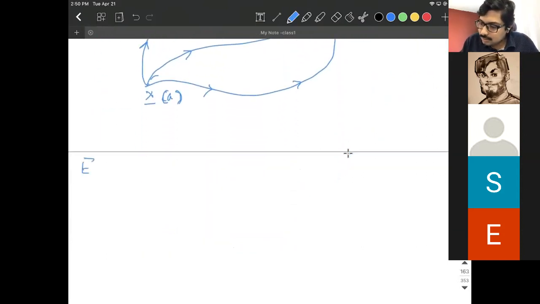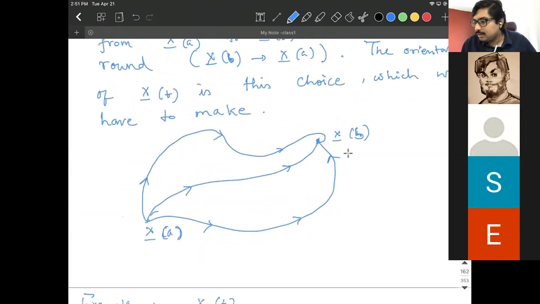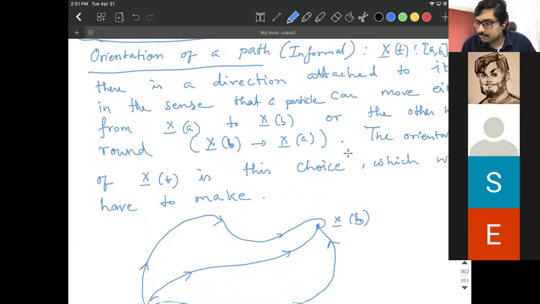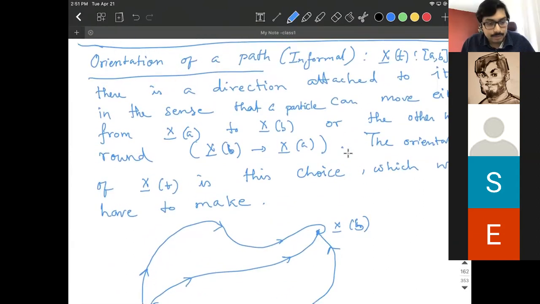Once again, let's keep an example in mind. To give you a little bit more precise definition, orientation is in some sense a reparametrization of the curve, which gives a sense of direction to that curve.